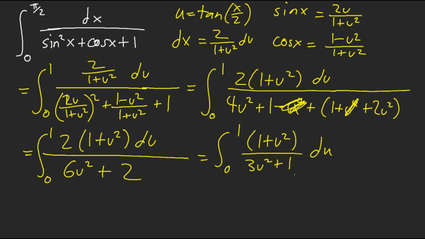Alright, here it's simple, you already know exactly what to do, right? You could multiply by 3 and 1/3. You could do 3 times 1/3 here, and you get 3u squared plus 1 from 0 to 1. You purposely made it 1. So 3u squared plus 1 minus 1. 3 minus 1, that's 2.